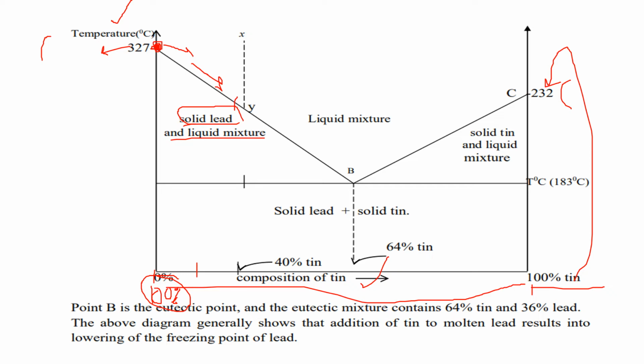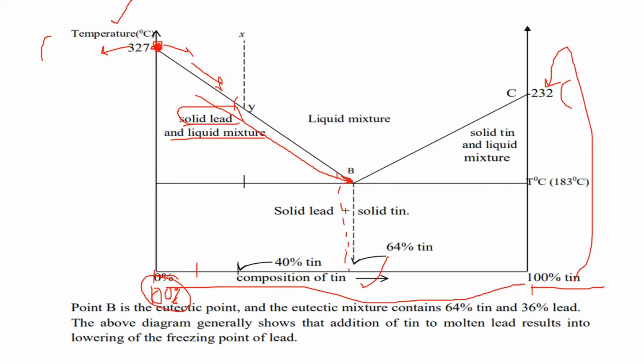Now lead is going to be crystallizing out until a point B is reached, whereby, now realize that the more lead is crystallizing out, the more our liquid mixture is going to contain more of tin. Like I told you, the one which is having a low composition does not crystallize out. So the more lead crystallizes out, the more the liquid mixture becomes richer in tin.